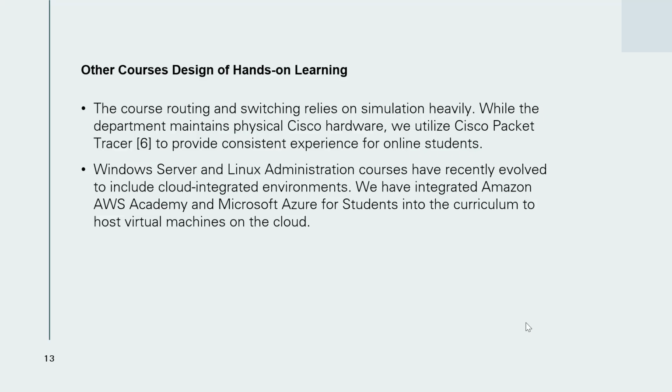We also integrated Amazon AWS Academy and Microsoft Azure for students to set up a Linux virtual machine or Windows Server virtual machine in the cloud. That gives students experience in how to handle the cloud environment.